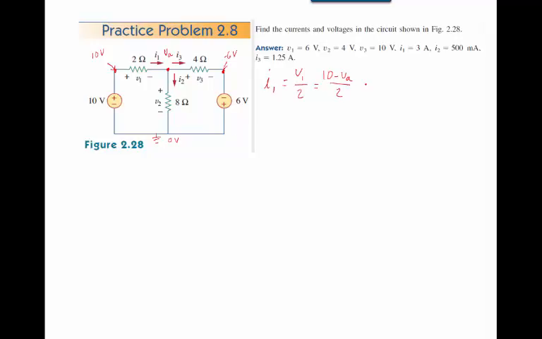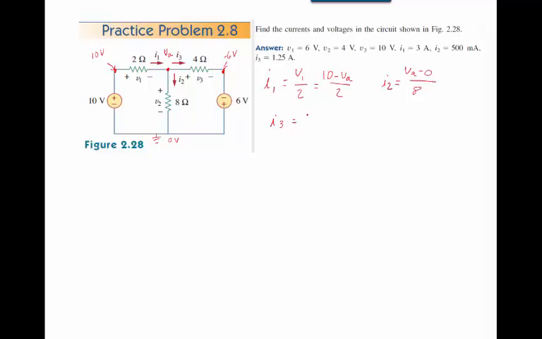Okay. I also know that I2 is this one right there, my node that I called VA minus 0. So VA minus 0 over 8 ohms. And I3, can we write I3? Watching my conventions, current going into the resistor is plus, minus.